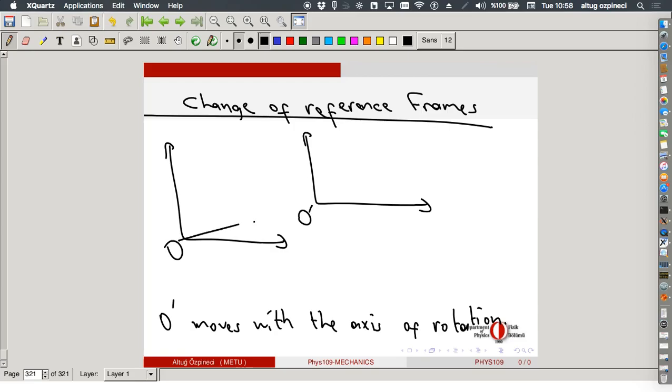So let's call this R vector, dR by dt, capital V. This is the velocity of the axis of rotation. We can just imagine any point as I'm moving in your reference frame. We can just consider any point over here.